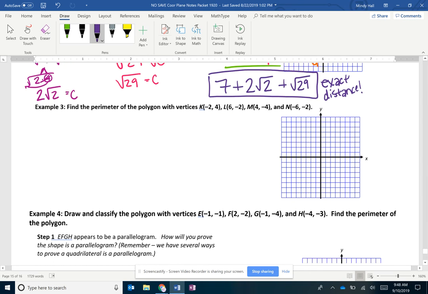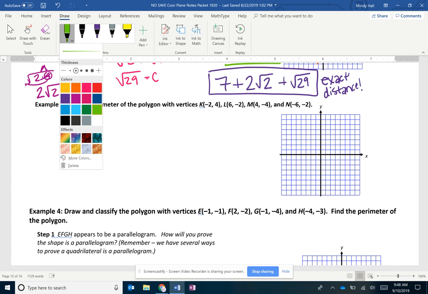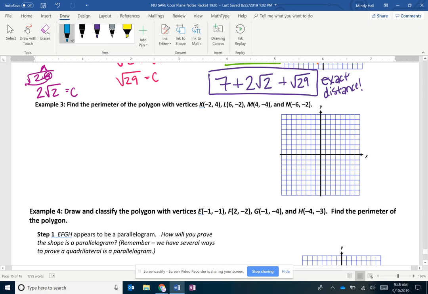So now I want to find the perimeter of this polygon. So I'm going, let's use the blue, (-2, 4), (6, -2), (4, -4), and (-6, -2).